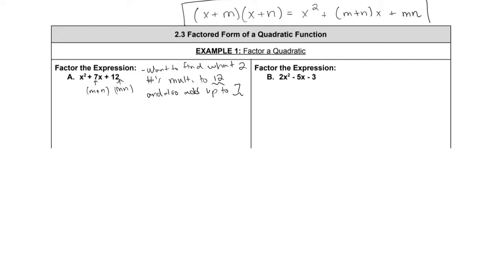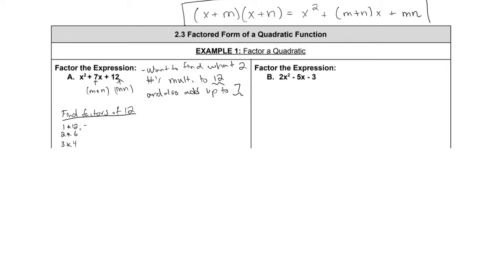So two factors of 12 that add to 7. First we want to list the factors of 12. Factors of 12 would be 1 times 12, 2 times 6, 3 times 4.